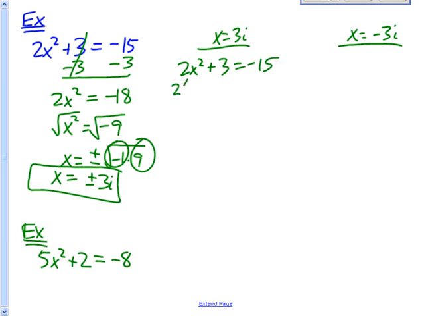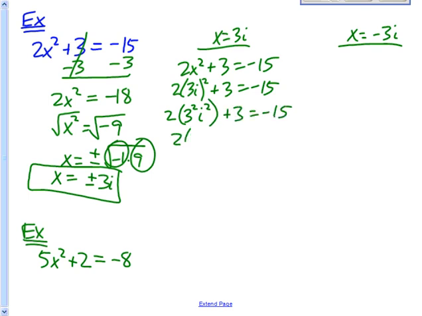Does 3i really work? Let's subtract 3. Well, you know what? Let me not do that. Let's go ahead and we take the 2, we multiply by 3 squared i squared. 3 is squared, i is squared. 3 squared, 9. What's i squared?